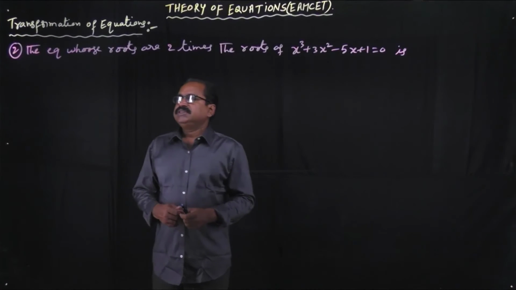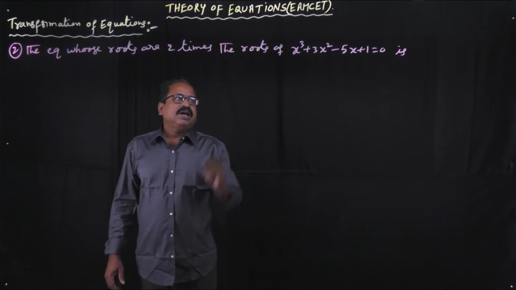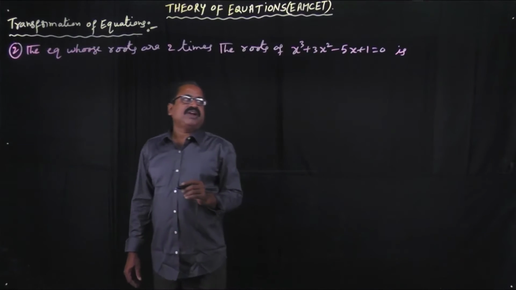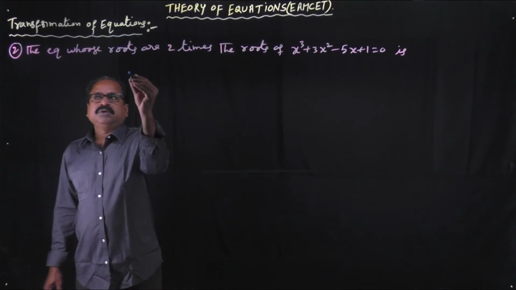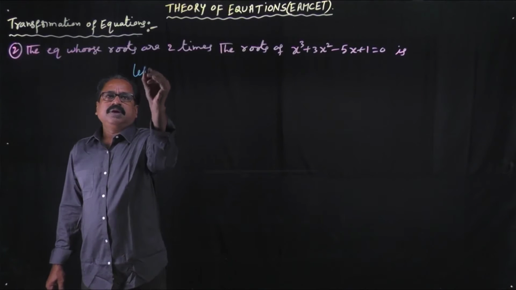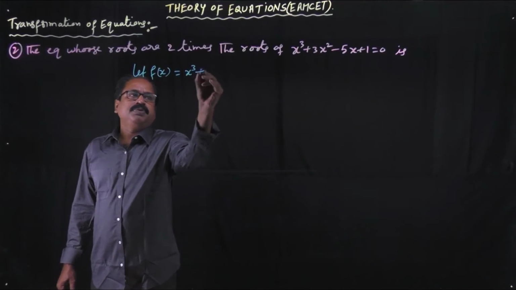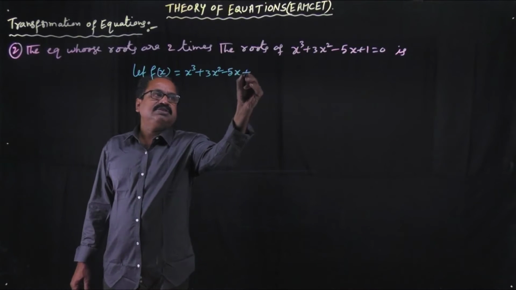Second question: find the equation whose roots are 2 times the roots of x cube plus 3x square minus 5x plus 1 is equal to 0. Let f of x is equal to x cube plus 3x square minus 5x plus 1.